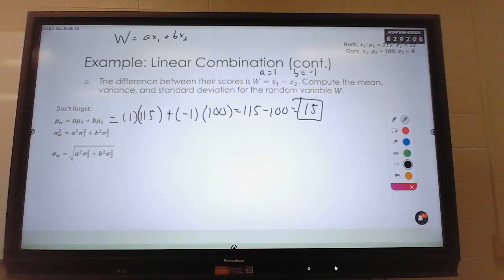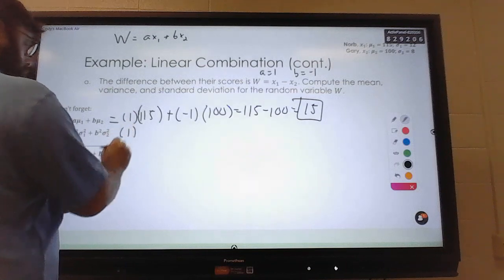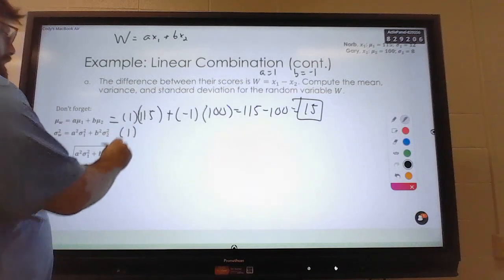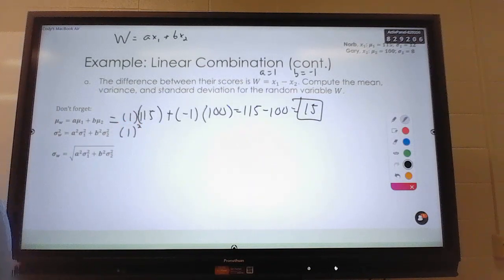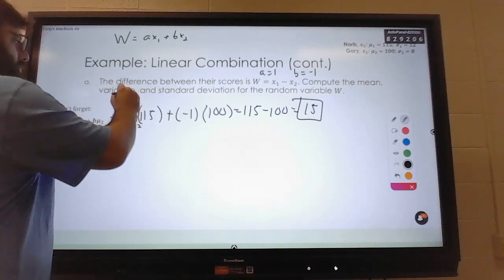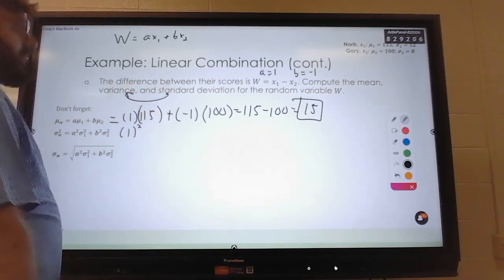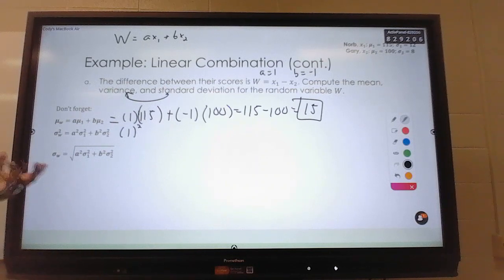Now let's look for the variance. Well, for the variance, we're going to take A squared, so that's 1 squared. And here we can use the relationship between variance and standard deviation, right? I have standard deviation for both of them. Norb's is 12.